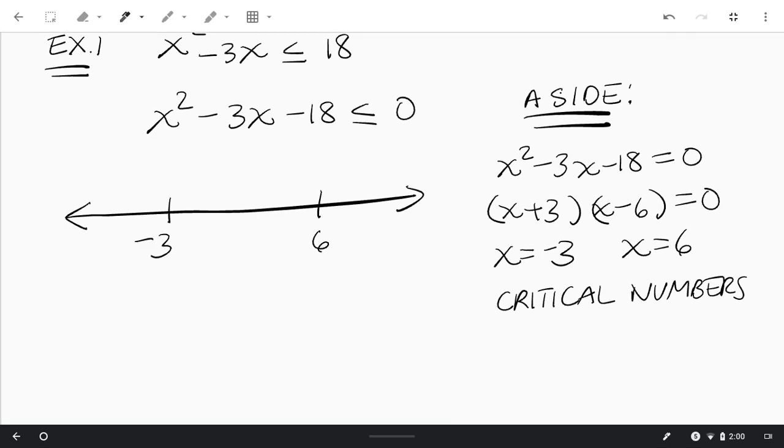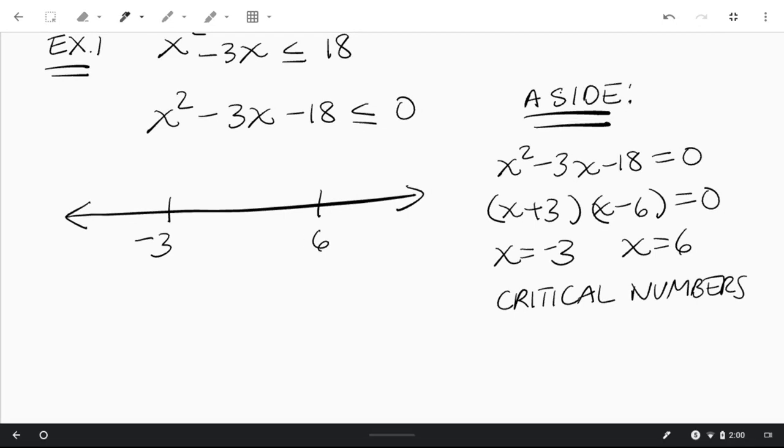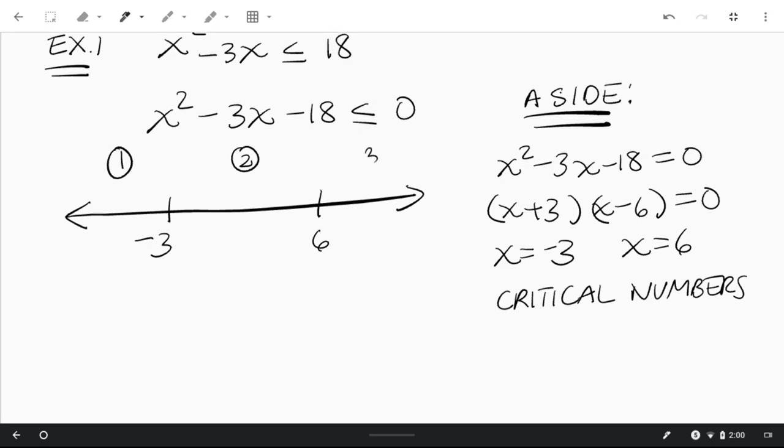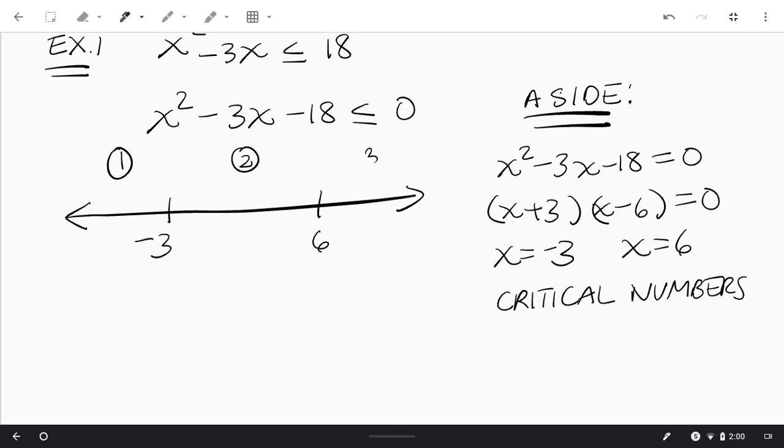So these two critical numbers, negative 3 and 6, divide the number line into 3 regions. So this is like region 1, this is region 2, and this is region 3. So what we have to do is figure out which region contains the solutions.